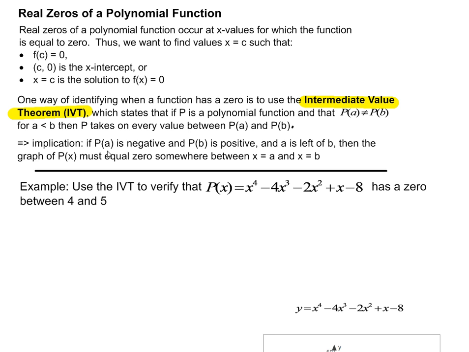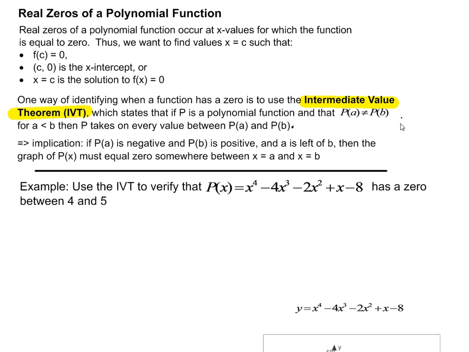It says that if we evaluate p of x at x equals a, we find a negative value. And then we evaluate the function p of x at x equals b and find that the y value is positive. What must happen? Well, if a is to the left of b, then on the graph of p of x, there must be a 0 somewhere between a and b.